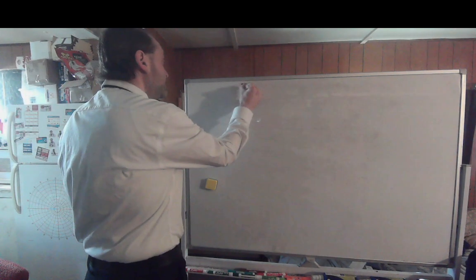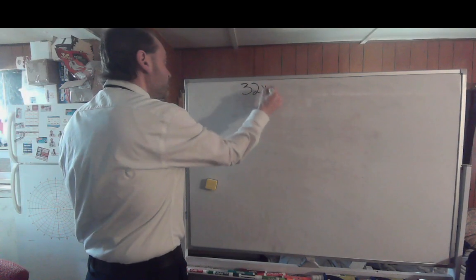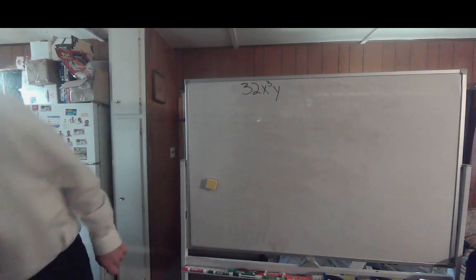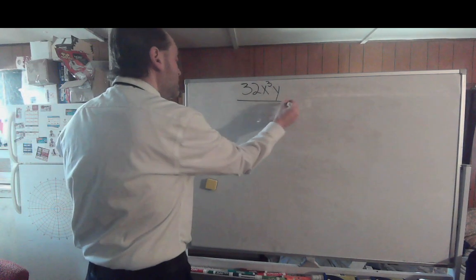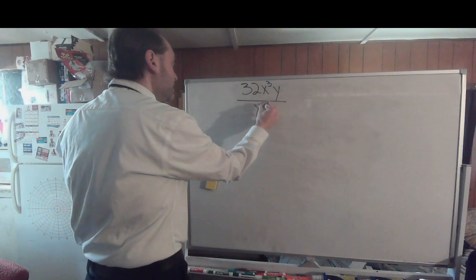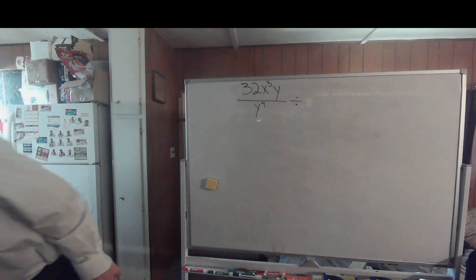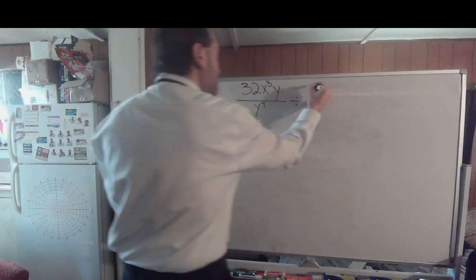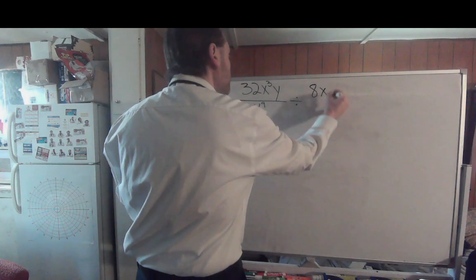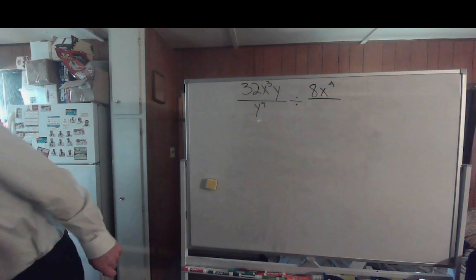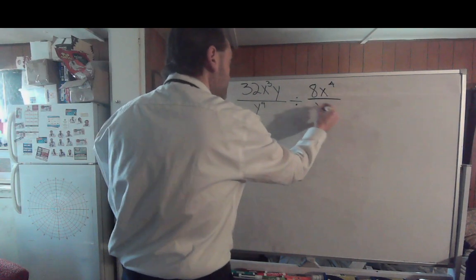So, we have 32 x to the third y over y to the ninth divided by 8x to the fourth over y to the sixth.